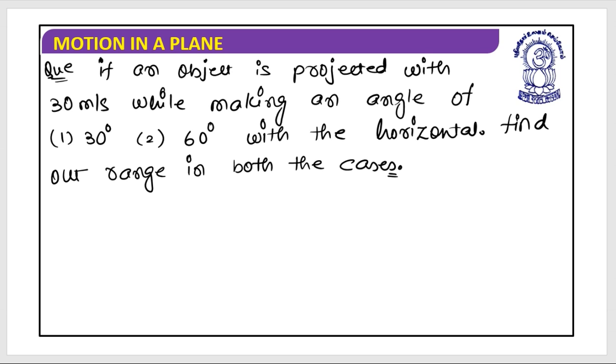So you need to find out the range, and you have been given that you can take g is equal to 10 meter per second square.